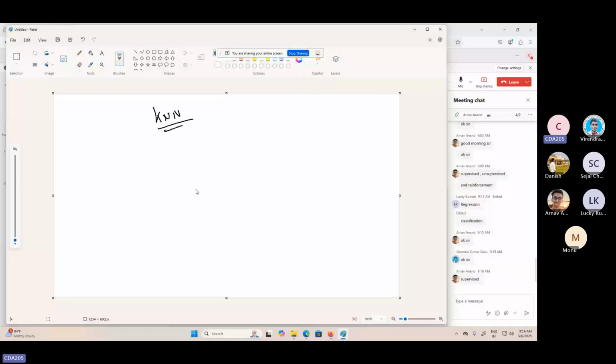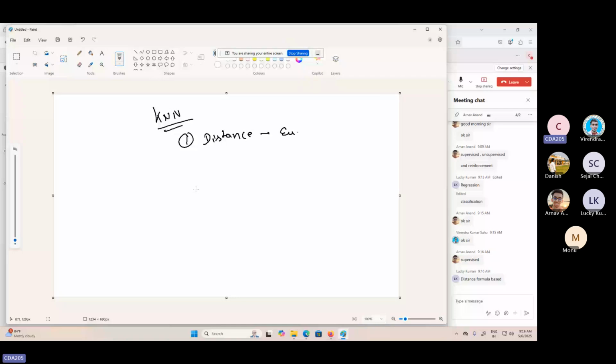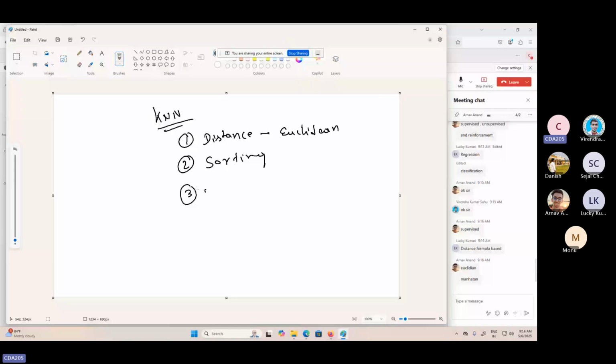That is supervised, but I asked the steps. So the first step is the distance. We have to calculate the distance formula. The distance can be Euclidean, Manhattan, whatever it is. Then we do the sorting part. The third one is the majority vote. Based on this, we can do KNN.